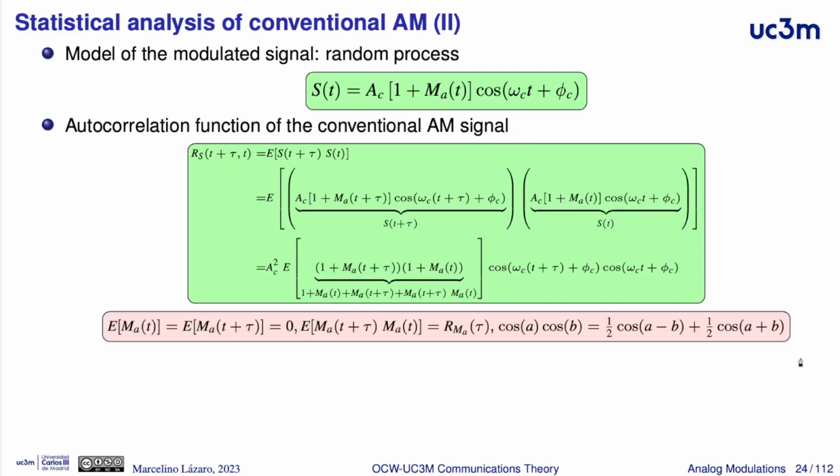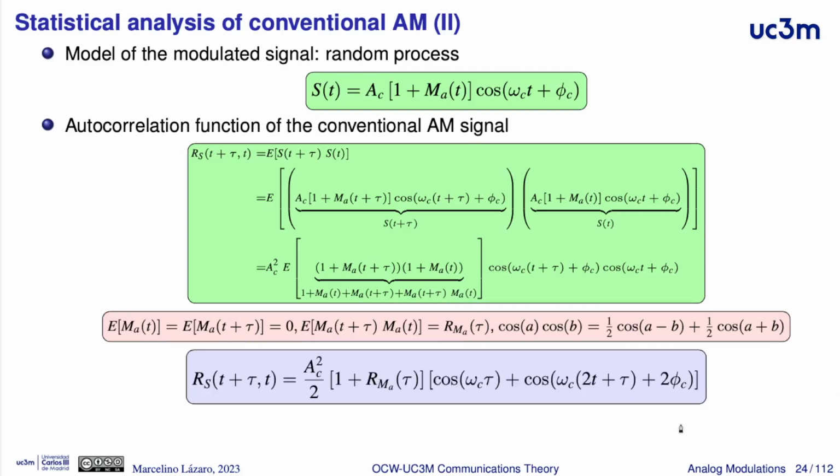Now, taking into account that the expected value of m_A is equal to the expected value of m_A at t plus tau and is 0 because the mean of m_A is 0, and taking into account that the expectation of the last term here is the definition of the autocorrelation of m_A, and applying a very well-known trigonometric relationship, the product of two cosines is 1/2 the cosine of the difference between arguments plus 1/2 the cosine of the addition of the arguments.